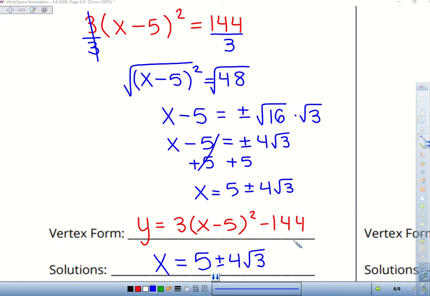So technically I have two solutions here: 5 minus 4 radical 3 and 5 plus 4 radical 3. Those have decimal approximations if you put them in a calculator. That means our graph does cross the x-axis, it just does so at an irrational number, like 1.6735 or something like that.